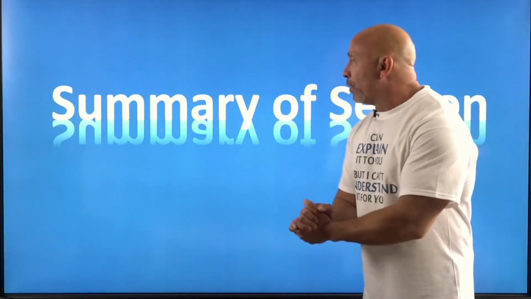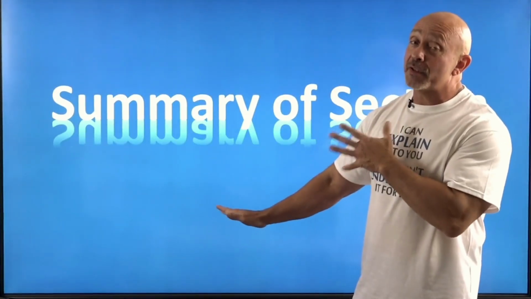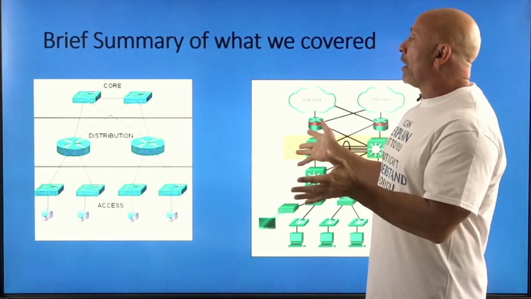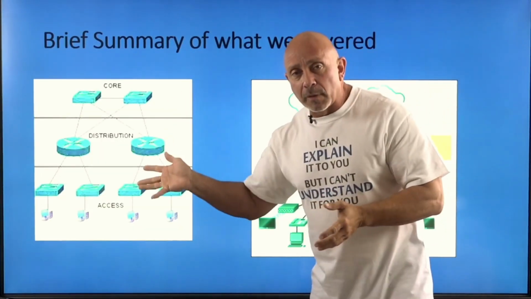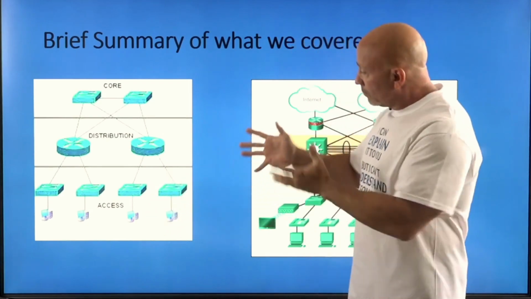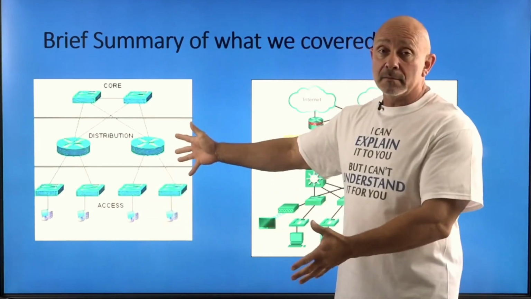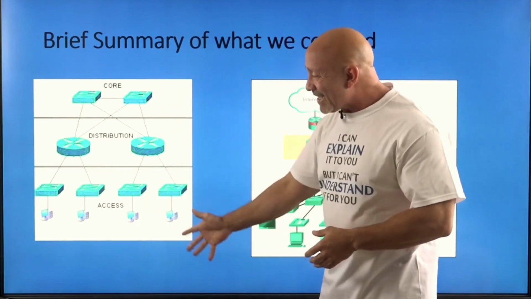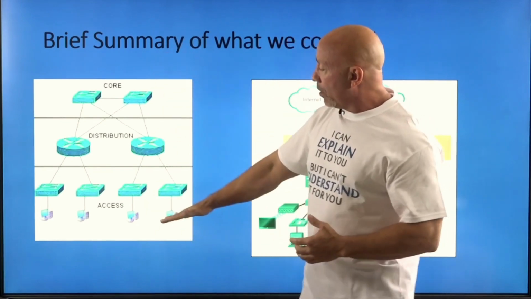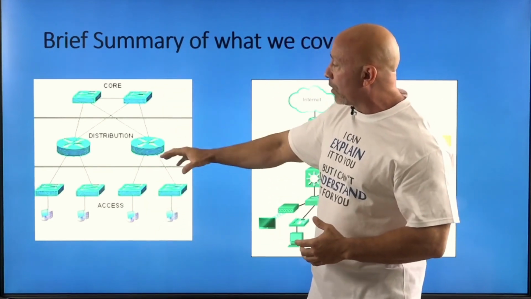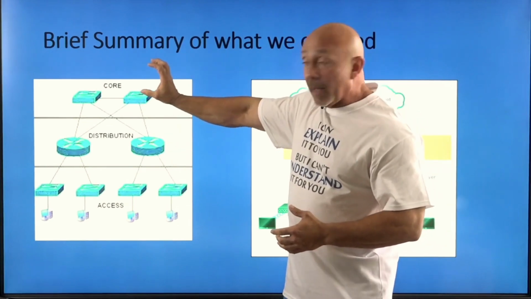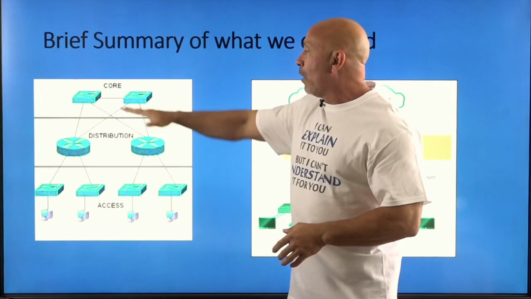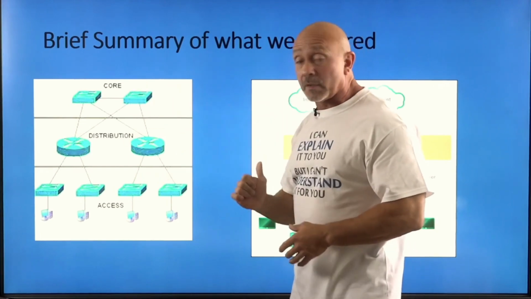All right, welcome back, everyone, to a brief summary of this particular section. What did we talk about? The Cisco 3-layer model first, so you can either remember or just learn it right now, that Cisco designed this so that when we build our network, we have our core layer 3 switches or routers, whatever you're going to have up here, your beefy networking equipment, that's going to pass information quickly.